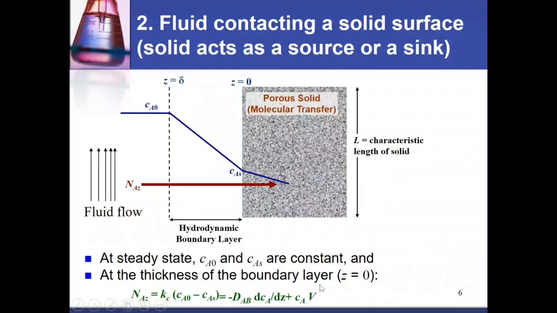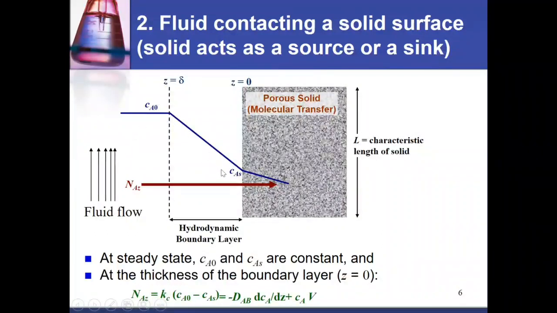At the thickness of the boundary layer, where you have Z equal delta, at the interface between the fluid and the solid surface, if we do a balance on this line, we have material coming because of convective mass transfer, which is Kc times CA0 minus CAS.